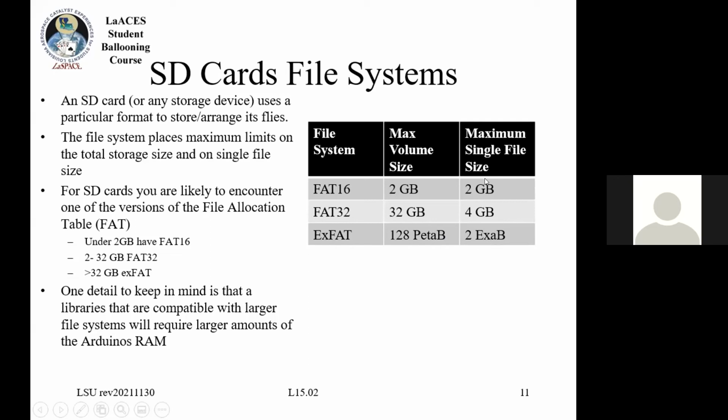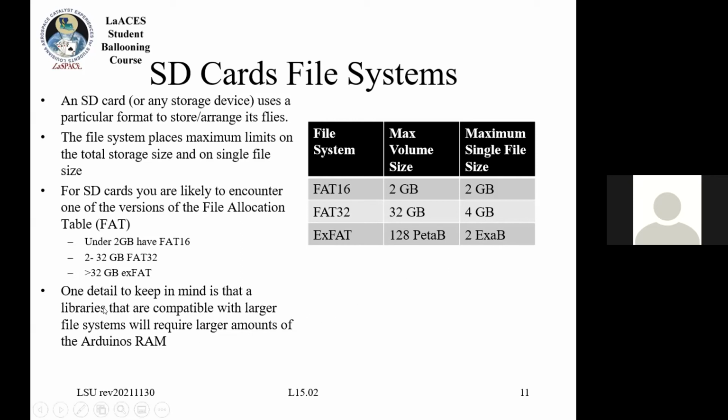You may notice it's weird that for the exFAT, the file size limit is larger than the volume limit. That's just a weird fact of that system. I believe that's mainly because of compatibility with other file systems, so that the system used on individual files is similar to other file systems.